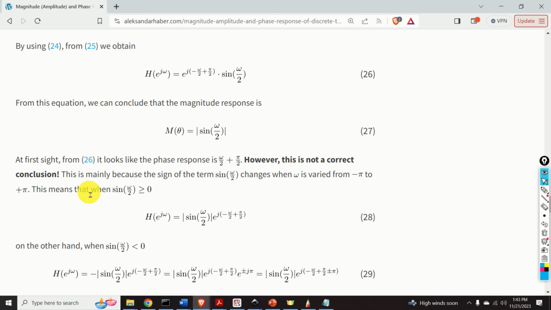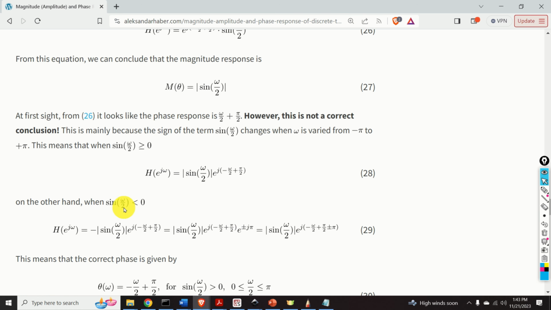This means that when sine of omega over 2 is larger than or equal to 0, this complex number will look like this. And the conclusion here is correct. The phase is simply the part over here. On the other hand, when sine of omega over 2 is smaller than 0, the complex number will look like this.